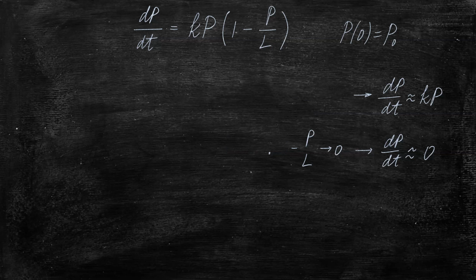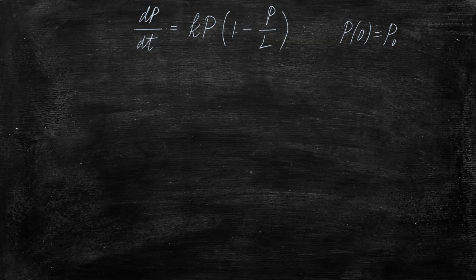And again, this is a differential equation, and in order for us to solve it, we have to classify it first. We know a few types of equations, and it appears that this is a separable differential equation, and that means we can solve it by separating the variables P and t.